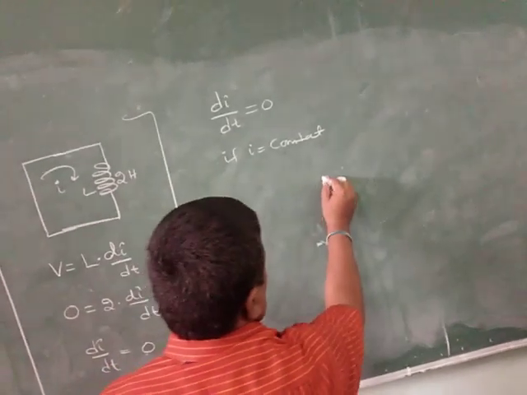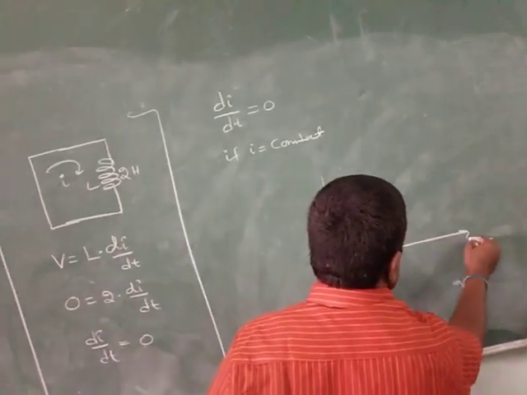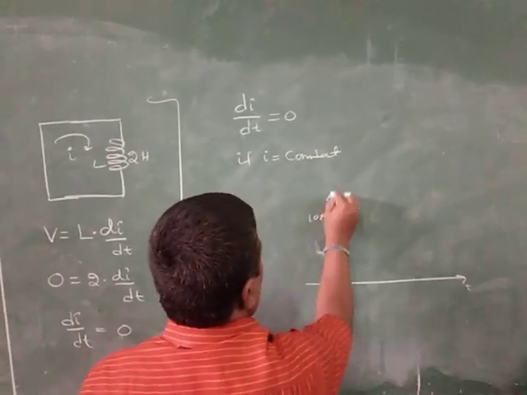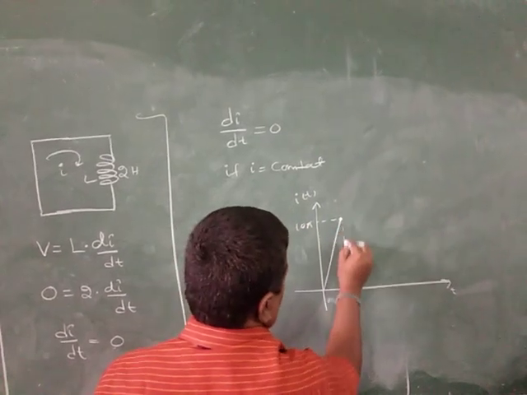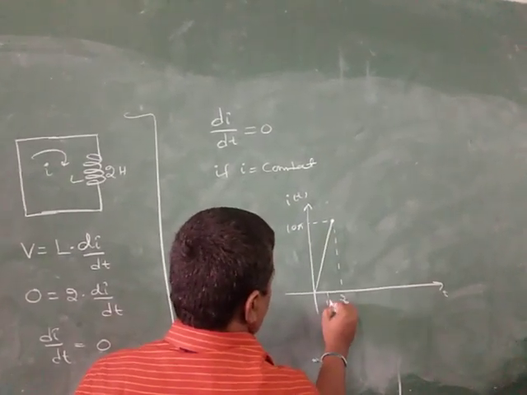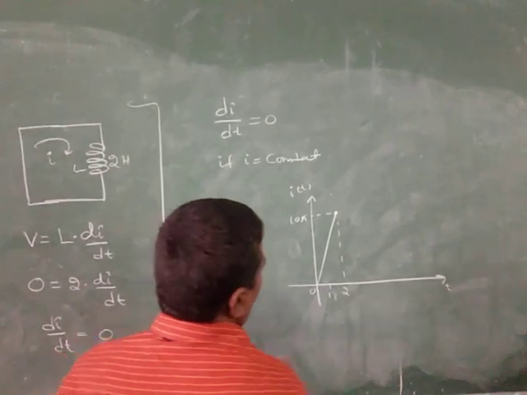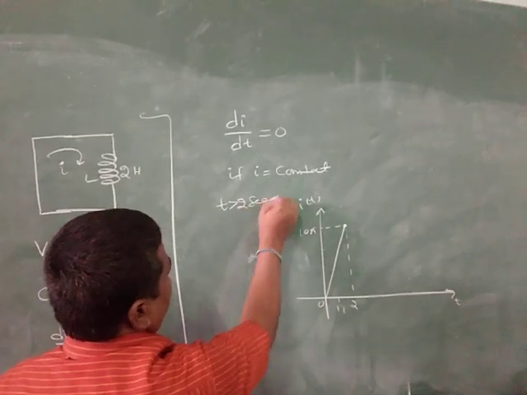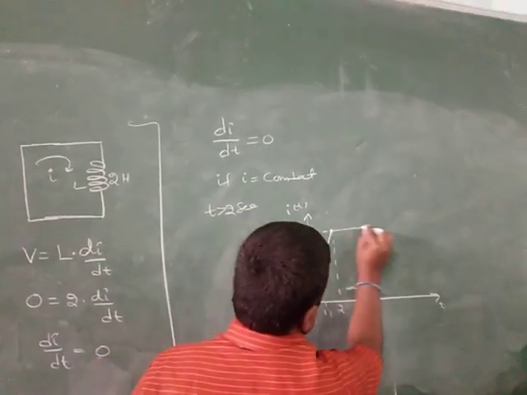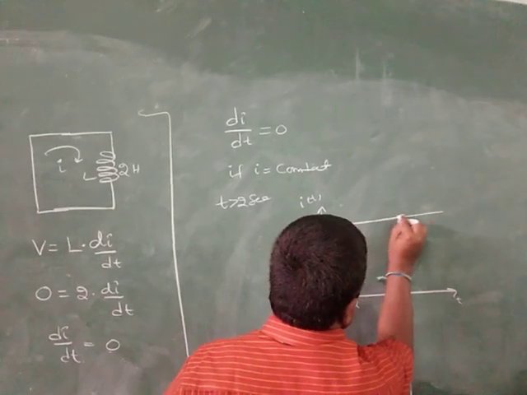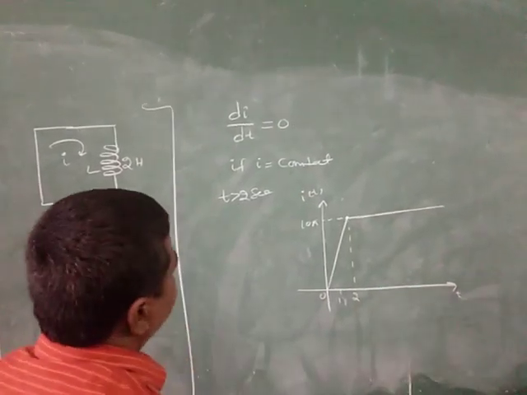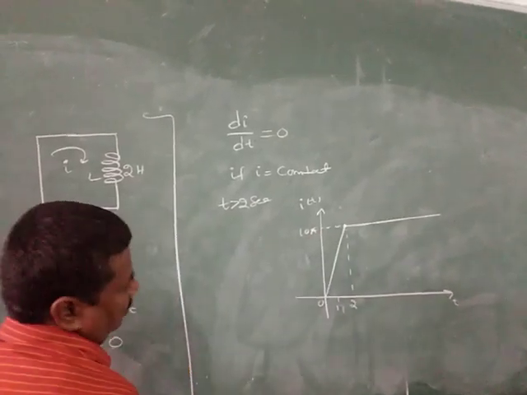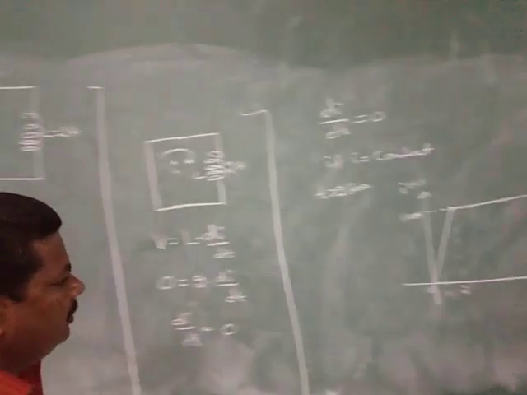That means the waveform is: this is 10 ampere, this is I of t, this is 2 seconds, this is 1 second, 0. For t greater than 2 seconds, the current is constant. That means what is the current? 10 ampere current. So this is the response of the circuit.